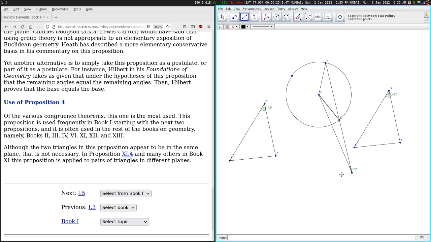Either 0, 1, or 2 solutions. But it's possible that there are 2 solutions, so angle, side, side leaves you a choice, and that's not sufficient to prove congruence.